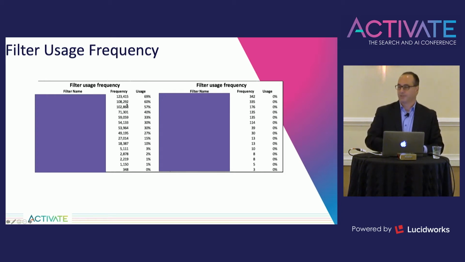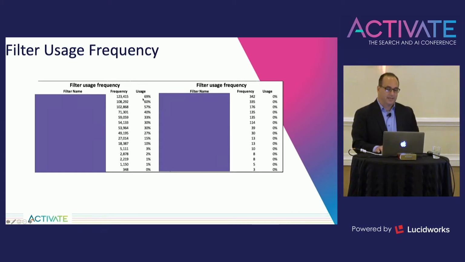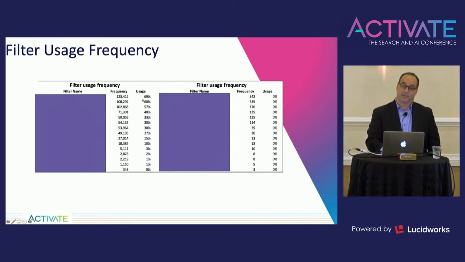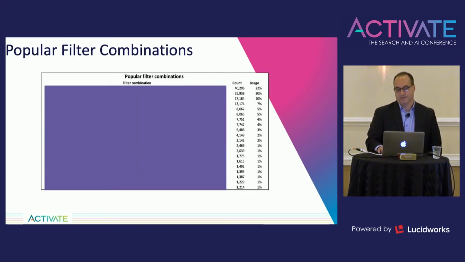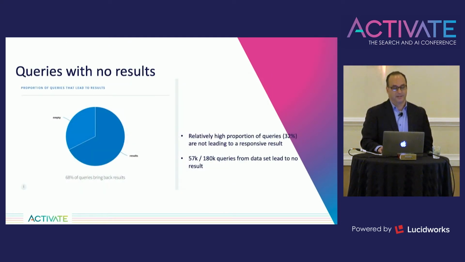We see a large population of certain queries filtered and faceted, and a very high percentage that correlates to, which was surprising to us. And then there are some other popular filter combinations that we identified through the same kind of analysis.